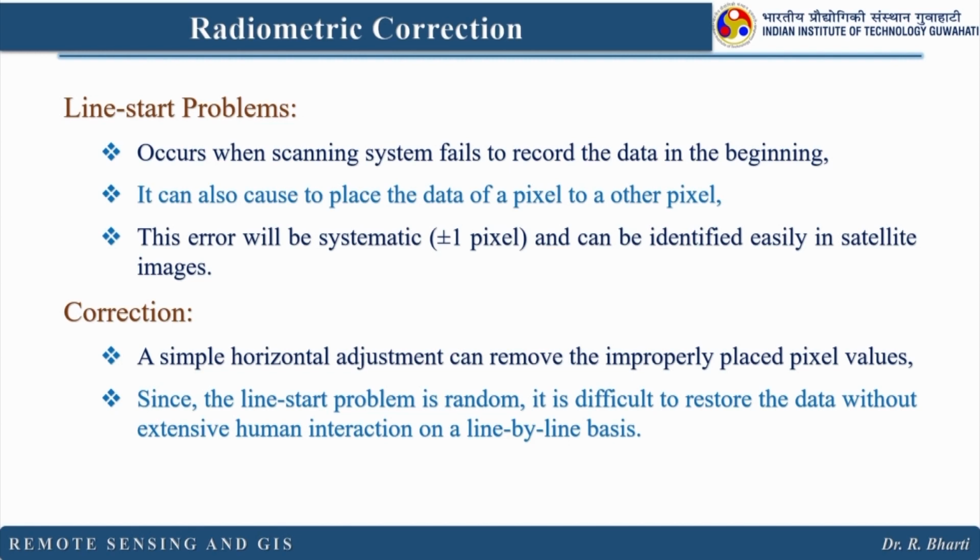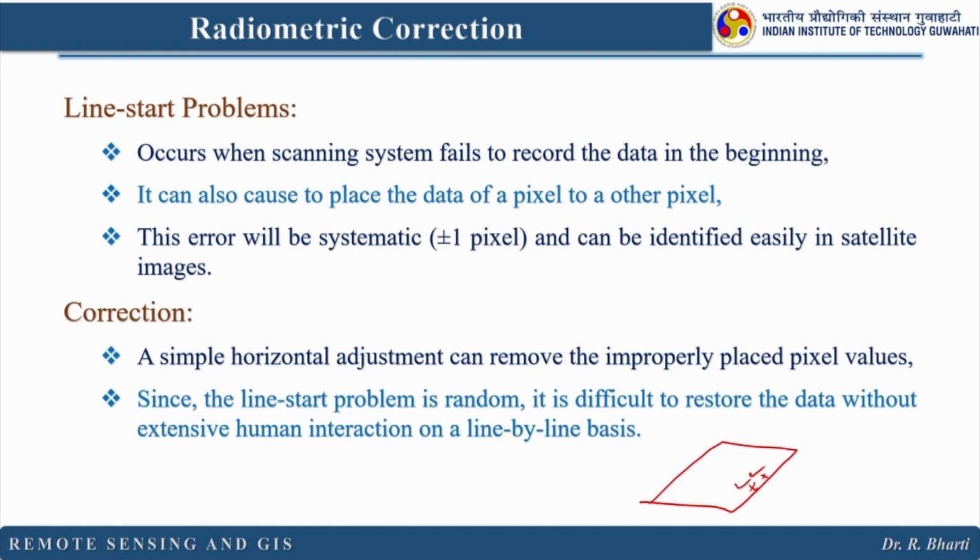So what is happening here, when we have this particular image, we don't know whether this particular pixel value was supposed to be here but is placed here, right, similarly here. So how do we know?